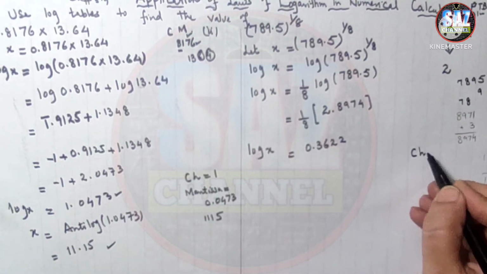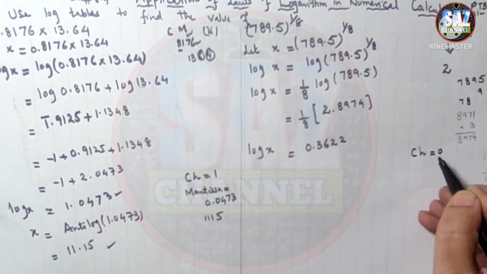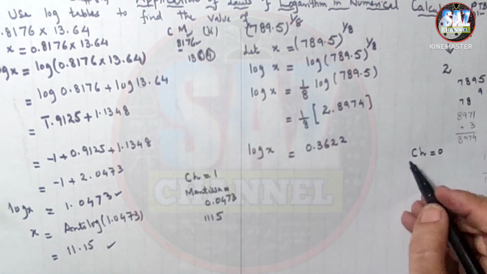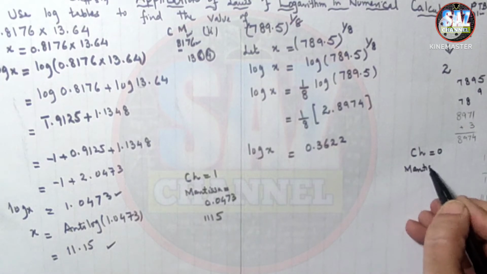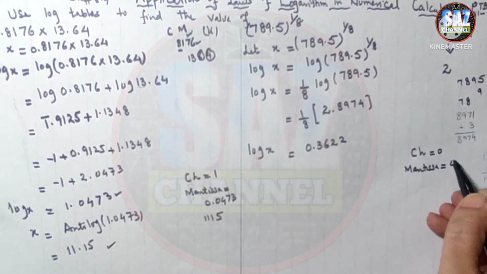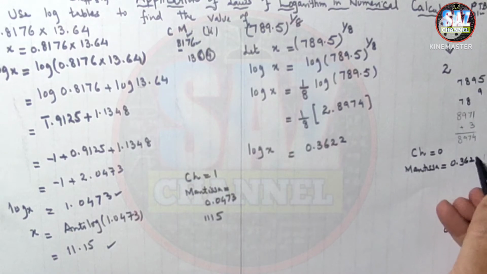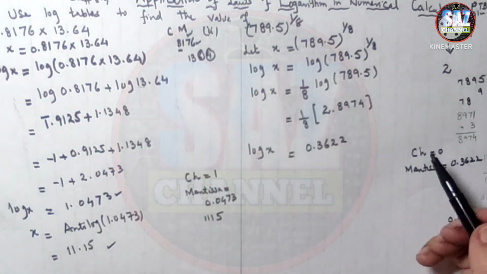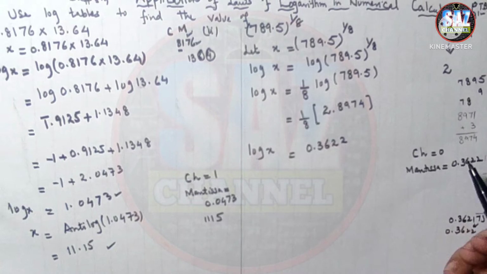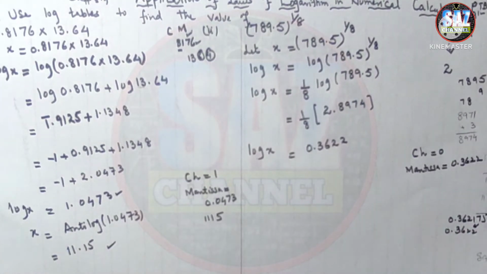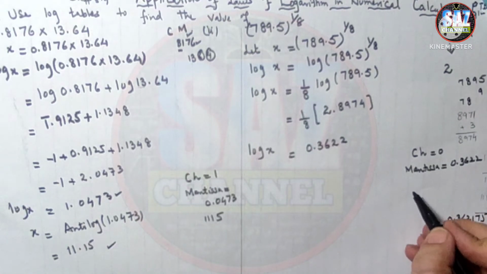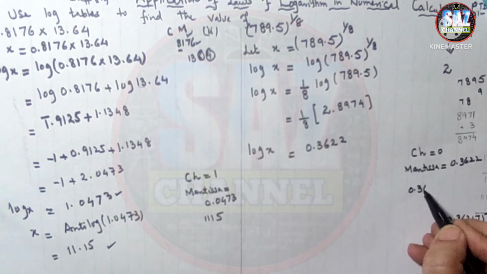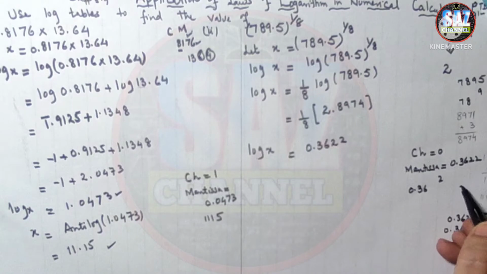It is 0 and the mantissa of this number is 0.3622. What the role of characteristic is I will discuss later, and first we have to locate 0.36 in the column of 2 and then the difference column 2.